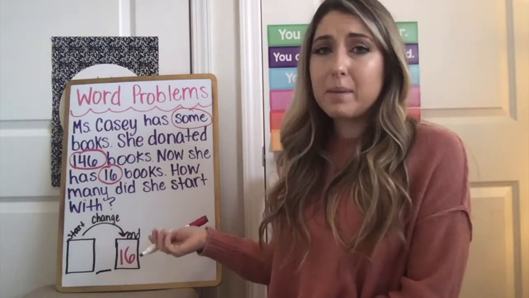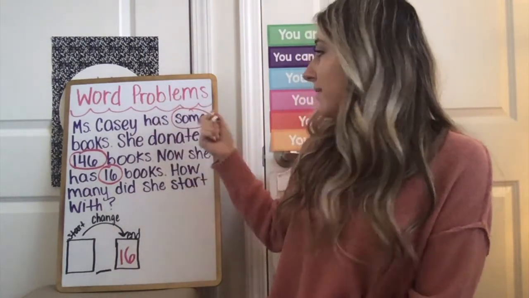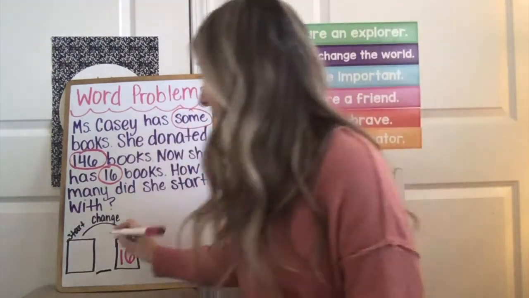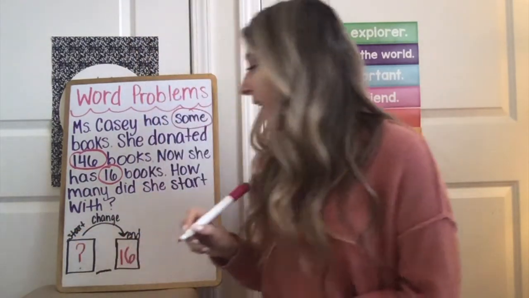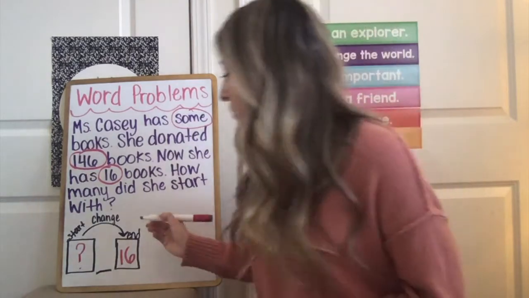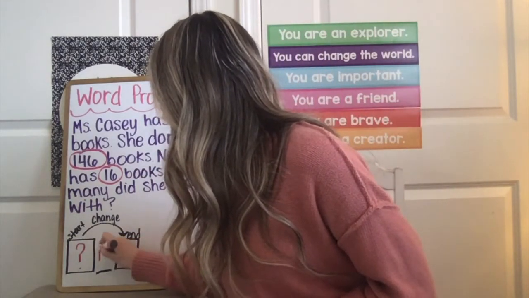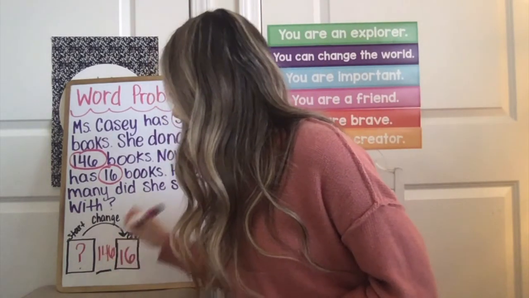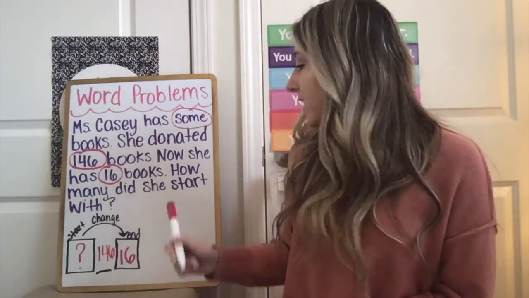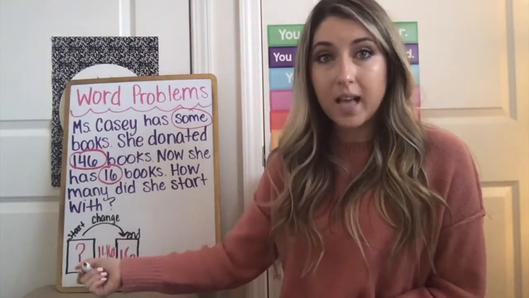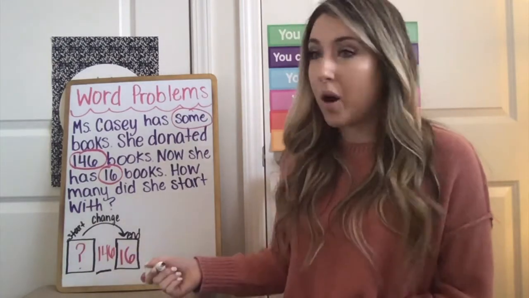So I know that I ended with 16 books. I don't know how many books I started with, right? Some books. I don't know how much some is. So I'm going to put a question mark here under start. And I know my change is 146. Okay, so now I need to solve to find how many books I started with. So, are you ready?